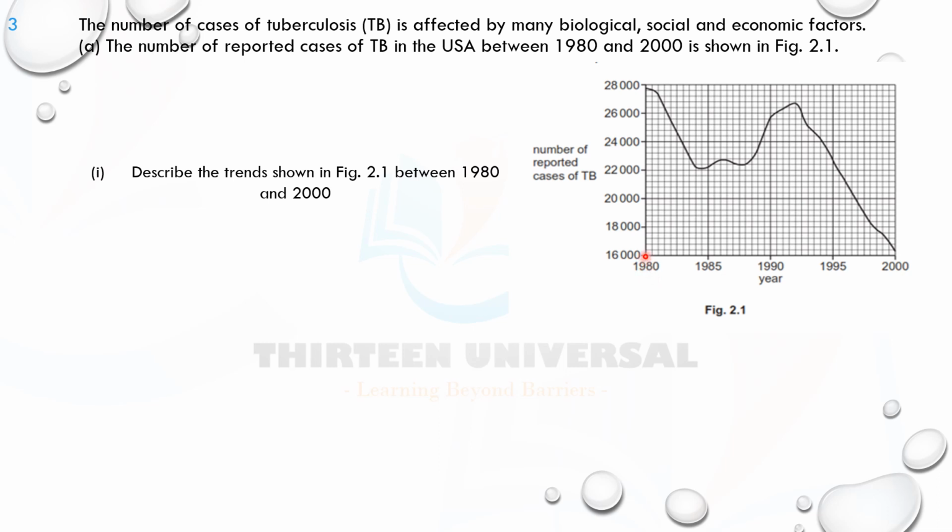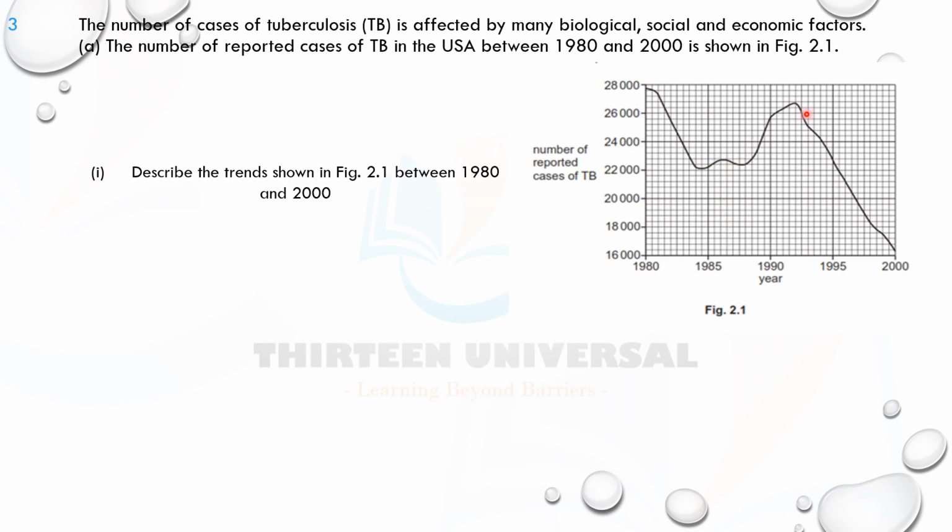Five boxes represent 2000, so 2000 divided by 5 gives you 200. So this is about 27,800 or thereabout. The next one decreases; in 1980 it was that, but in 1984 it will be about 22,000, and then it increases slightly again from 1984 to about 1986.